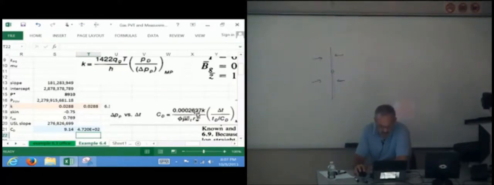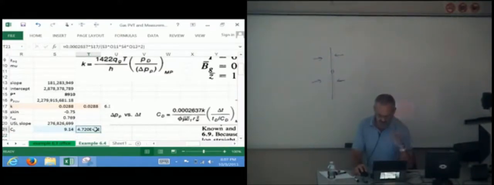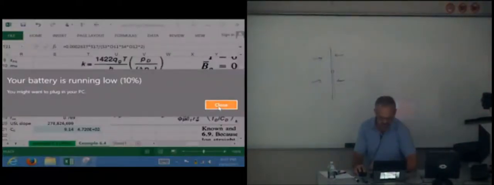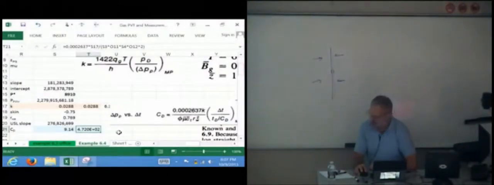Okay, now I have to multiply it by my, I'm going to divide by, oh, I forgot that I was going to use this tonight. I'll run up and get my battery.